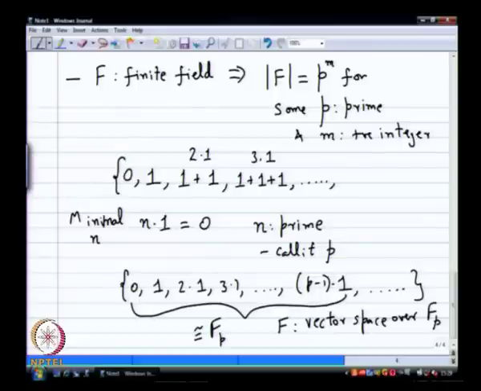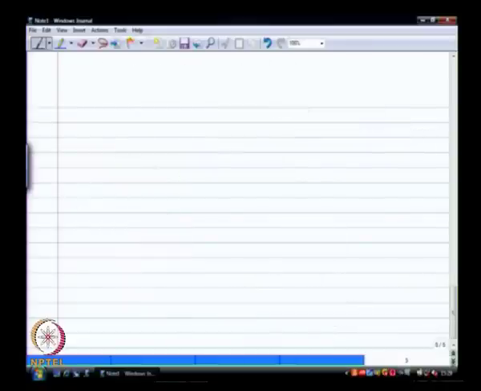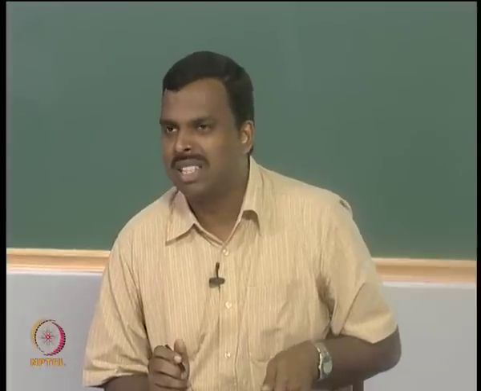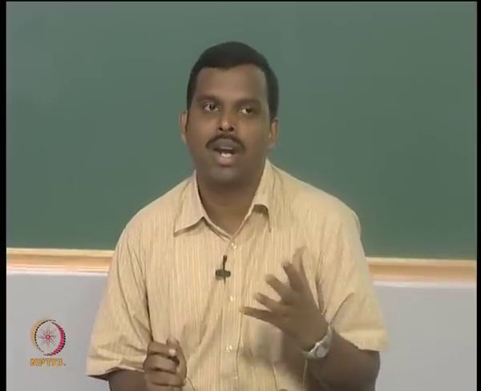So let us see some mildly interesting coding stuff with these fields before we move on to really good codes. What did I promise you when we embarked on this finite field adventure? D equal to 5, right. We will not see D equal to 5, we will just see D equals 3 for now, but still you will see that finite fields give you something slightly better than what you had with F2.